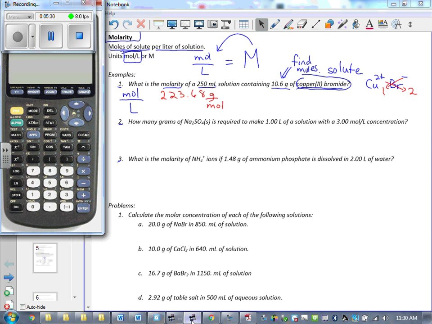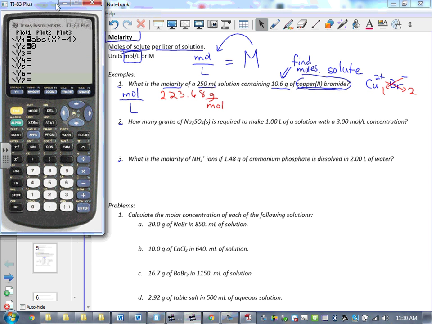Okay, let's double check. What's our molar mass of copper? 63.55 plus 2 times what's bromine's molar mass? Say that again, Michaela? 79.90 grams per mole.